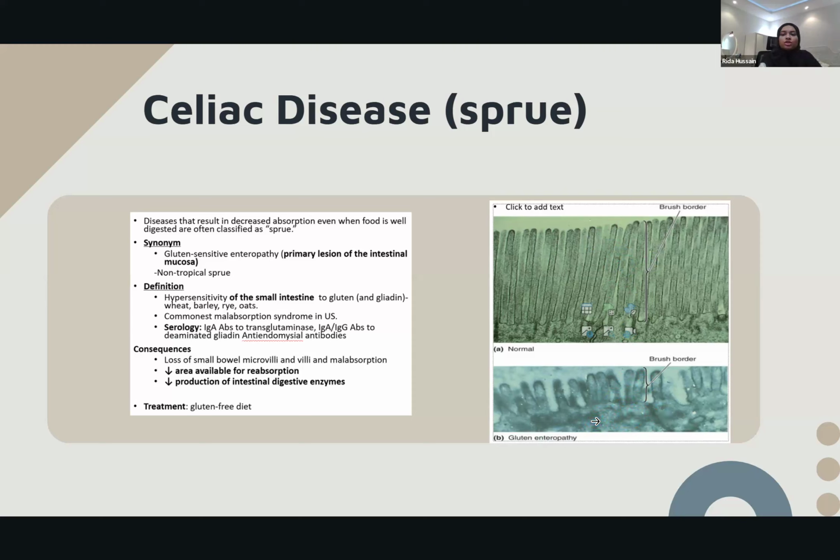It causes bloating, digestion issues, pain, and it is often overlooked. And what Angelica mentioned is that it is the commonest malabsorption syndrome in the US. People usually don't find out that they have celiac disease until way later on.